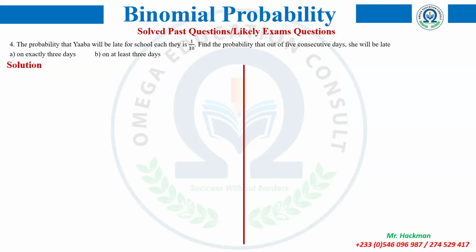I didn't want to use complement because we haven't done complementary probability, but complement, you know that from sets, so you should understand when I use it here. Basically, we know this is a binomial probability question again. Because we have a fixed number of trials, and our probability of success remains the same, since the probability of Yaba being late is 1 over 10 each day.